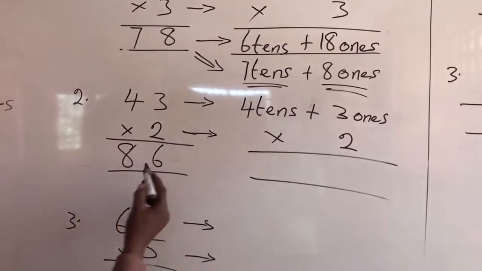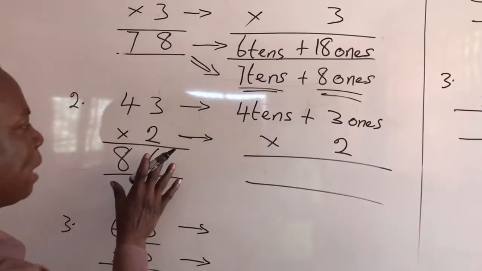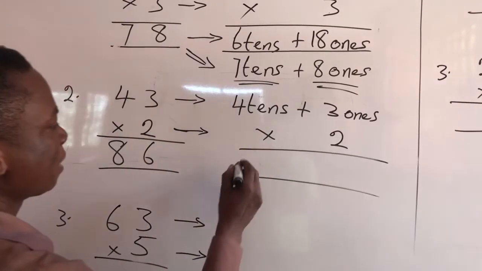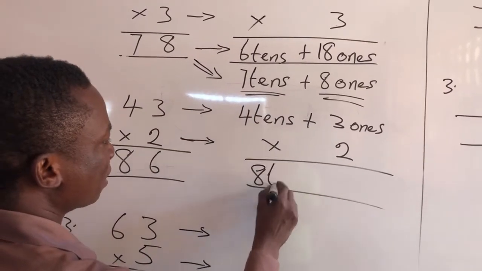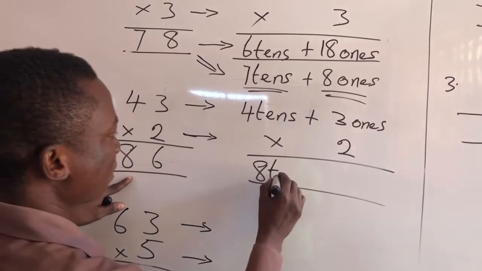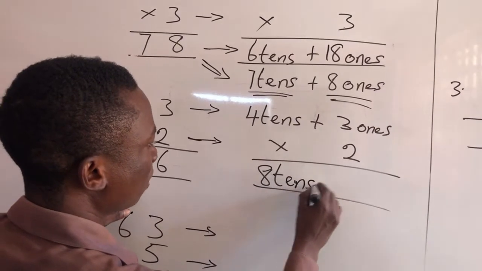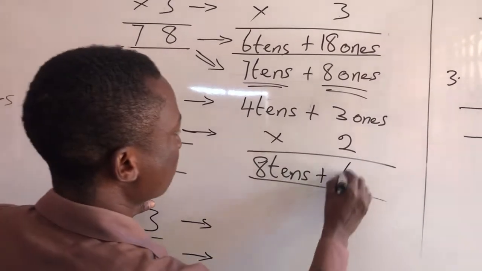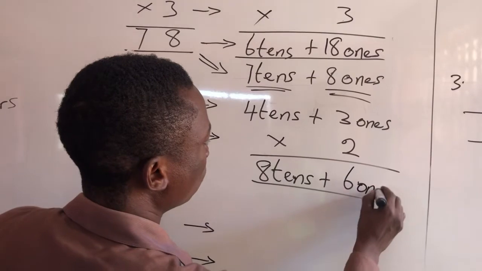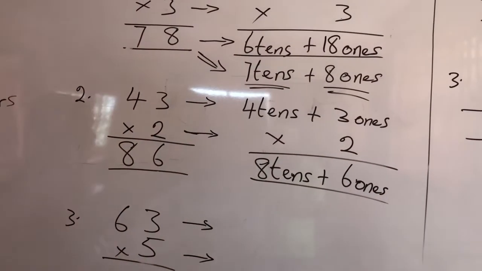Now look at this. If a good student can look at this and just expand this, we have 8 tens plus 6 ones. Another simple method is that.